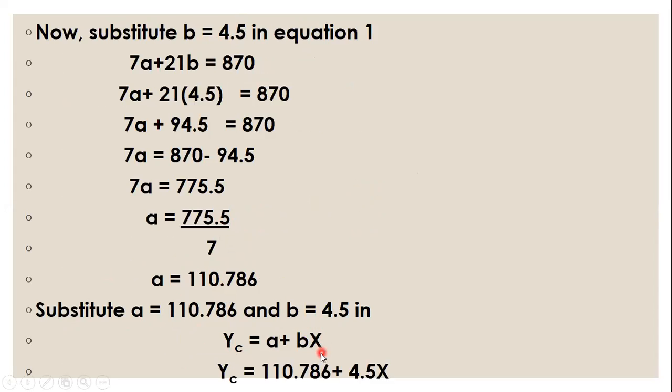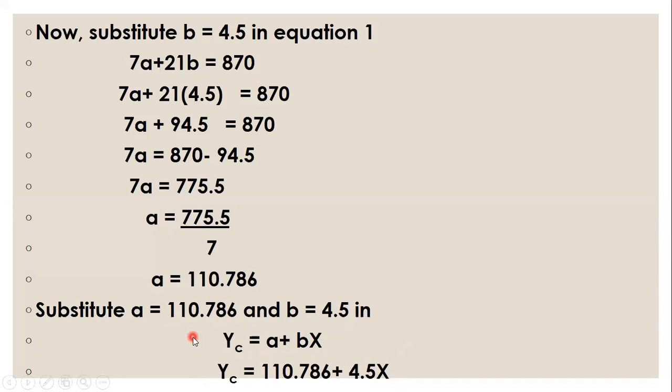This is the regression equation which we will be using throughout the time series. The trend line yc is equal to a plus bx. a is 110.786, b is 4.5. So 110.786 plus 4.5x is the trend line equation that we have for this problem.